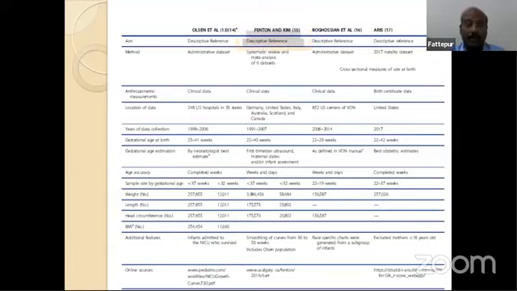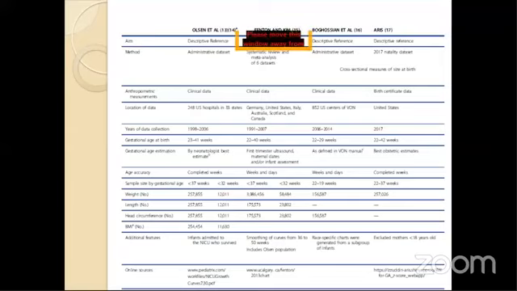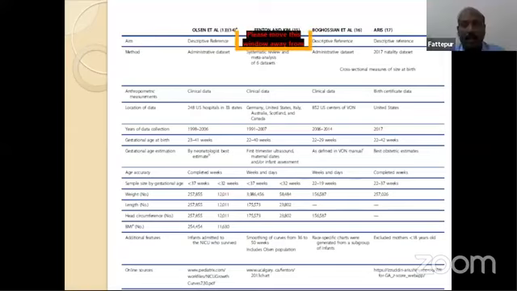Even the Fenton charts, though a bit more standard and multicentric, involved mainly developed countries. None of the countries were from the developing side. So whether we have to use such charts for our babies is still a question.